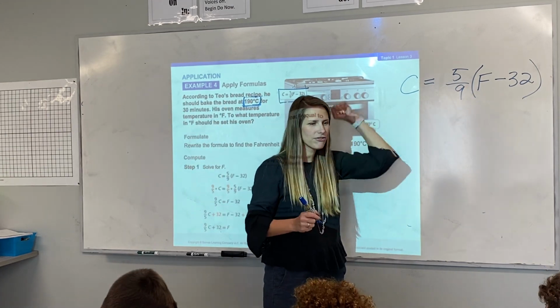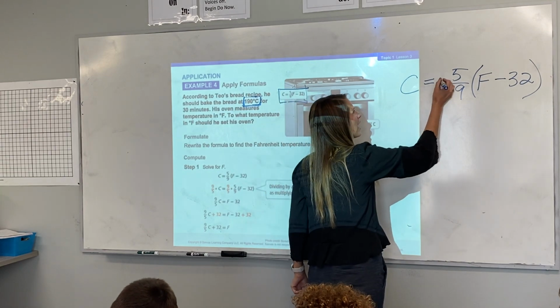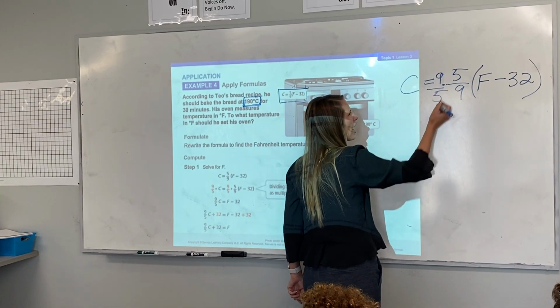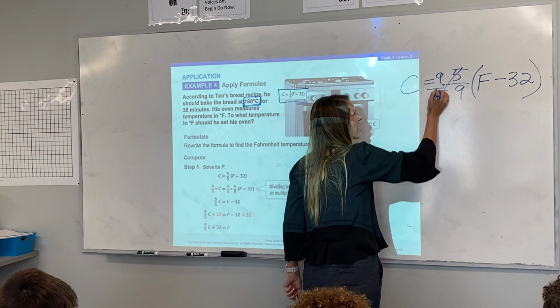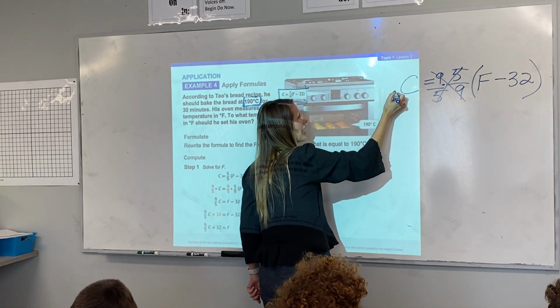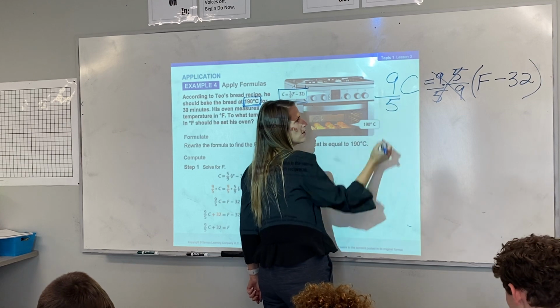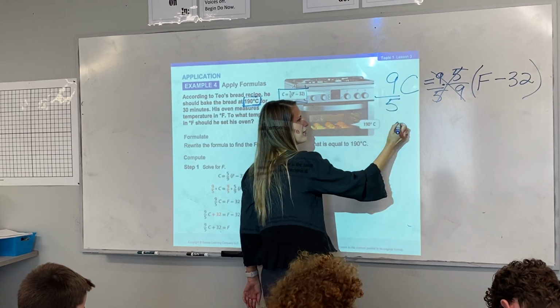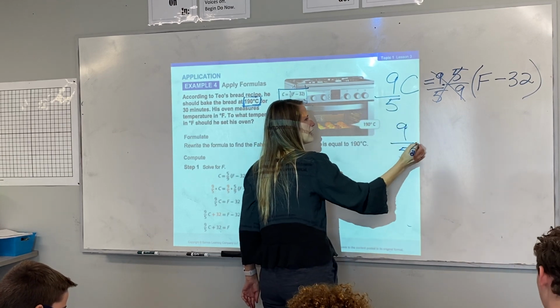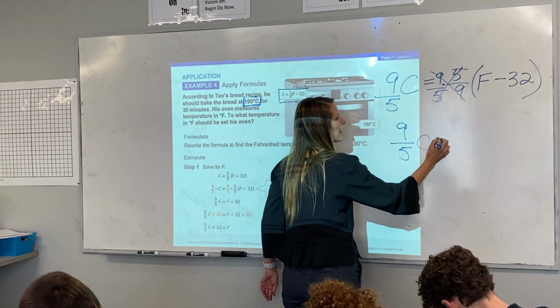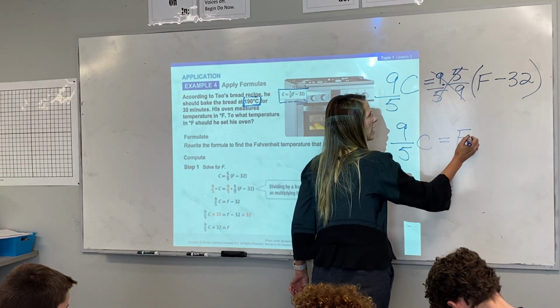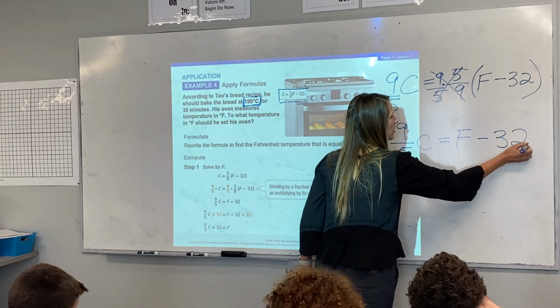Multiply both sides times 9 over 5. Cancel that out. Okay, we're getting closer. We have 9 over 5 times Celsius equals Fahrenheit minus 32.